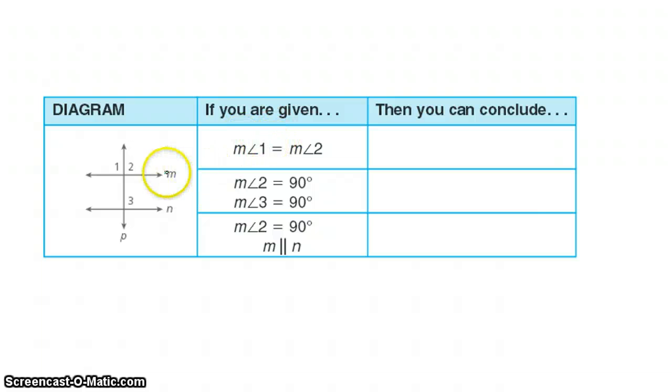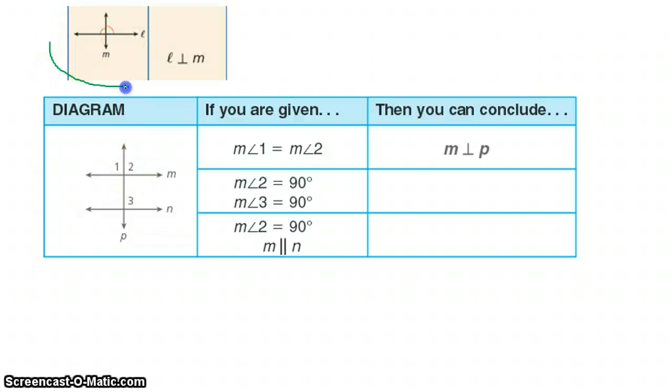Okay, if they tell us that angles 1 and 2 are congruent to each other, well, we can see that they are a linear pair. Therefore, we can conclude that line M and line P will be perpendicular to each other, right? Because we get that 90-degree angle. Remember that from our theorem.